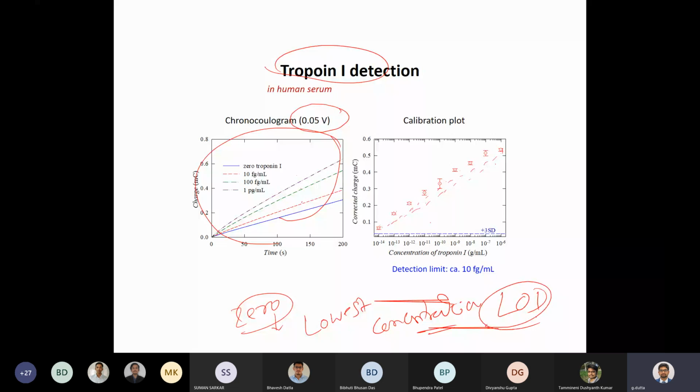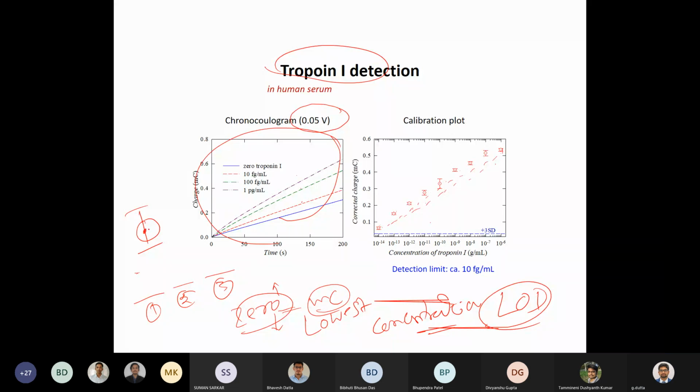Now, how can you calculate the lowest concentration? For that we have to think about the zero charge we will measure first, in millicoulomb. Then how much above zero, that is your limit of detection. So first we will take sensor number 1, number 2, number 3, and measure their standard deviation and mean value.